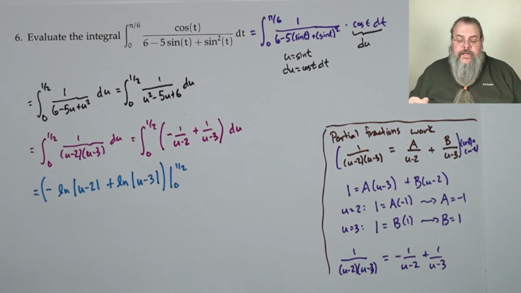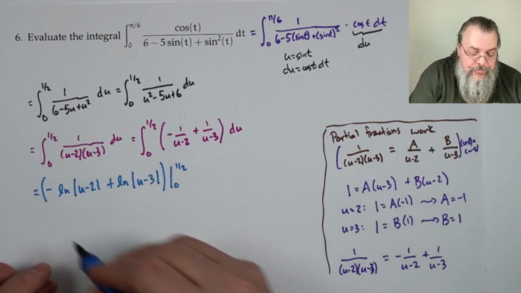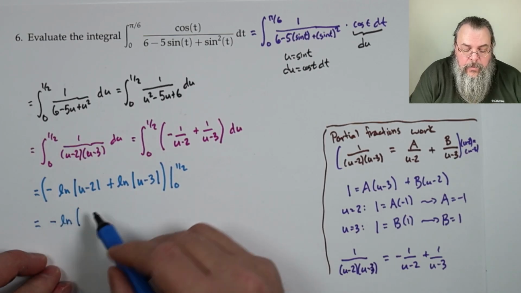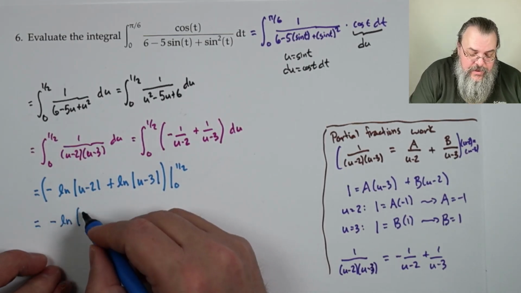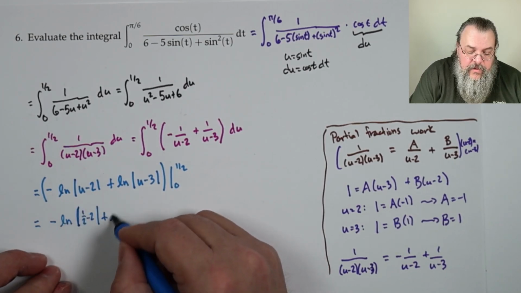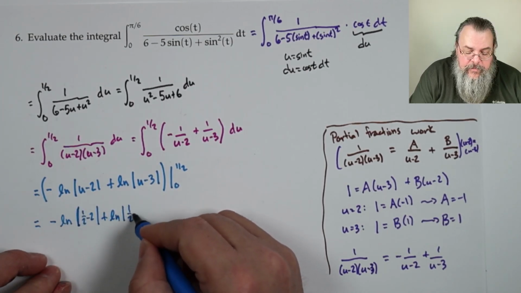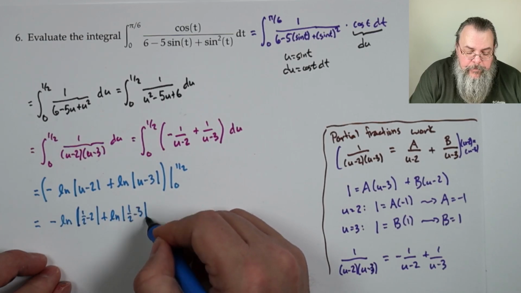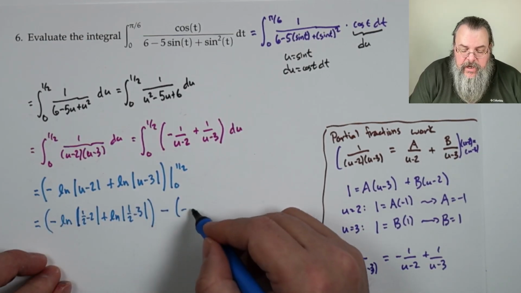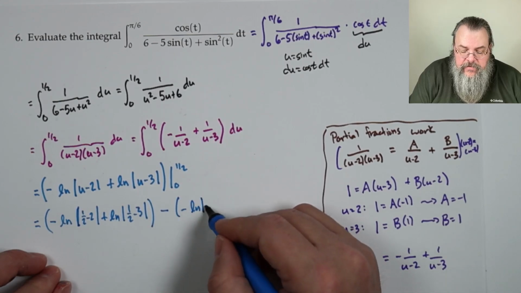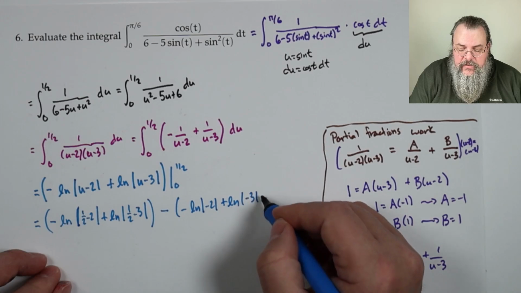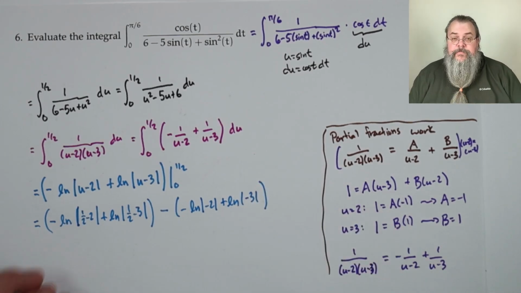And now the end is in sight. We just have to clean this up. Okay, so we have minus log of 1/2 minus 2, plus log of 1/2 minus 3, subtract minus log of minus 2 plus log of minus 3, with absolute values thrown in.